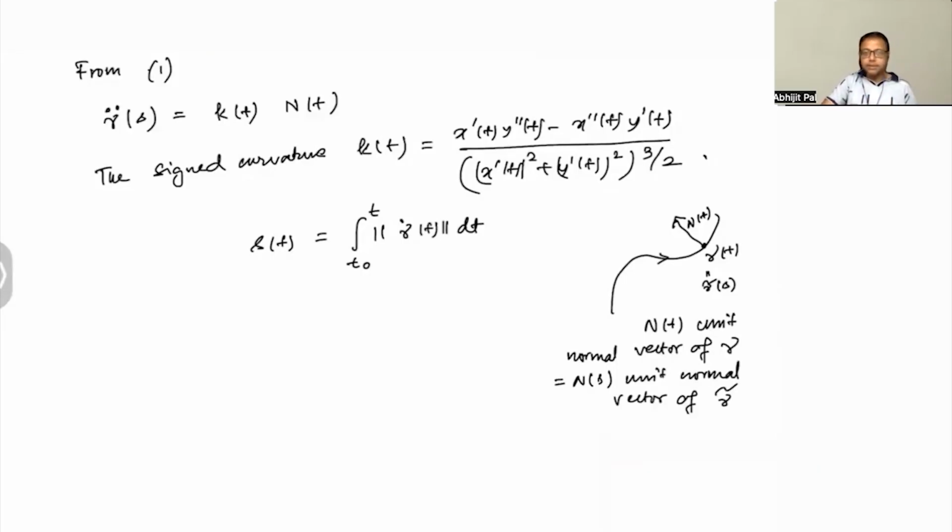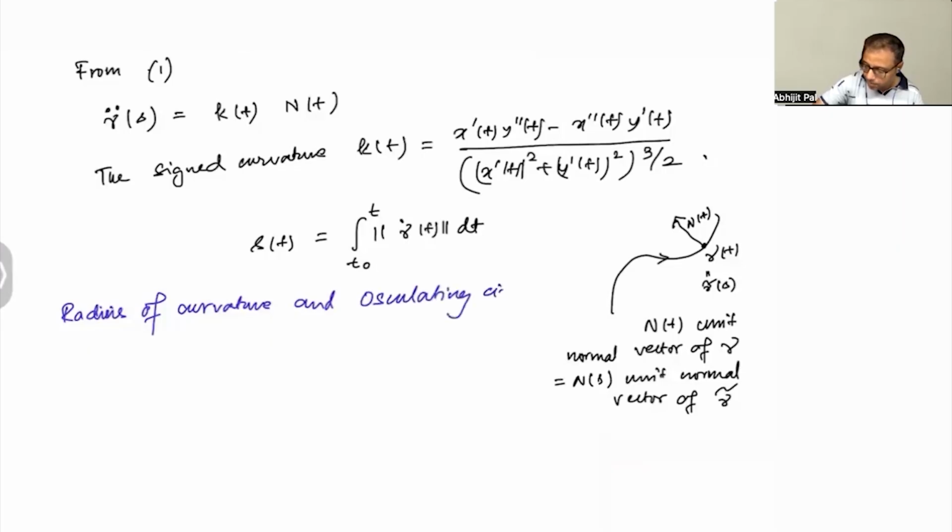So now, what do we mean by osculating circle and radius of curvature? Let me give a heading: radius of curvature and osculating circle.